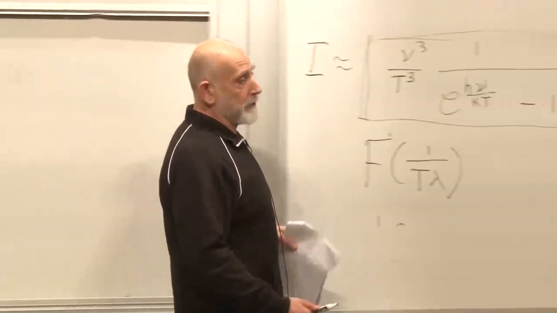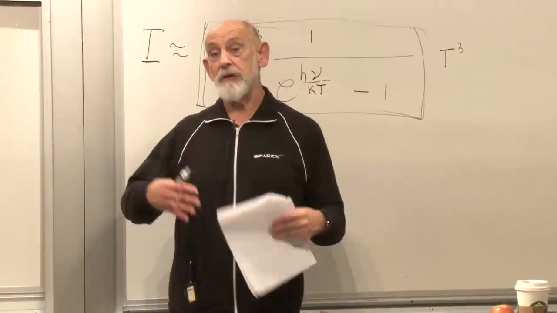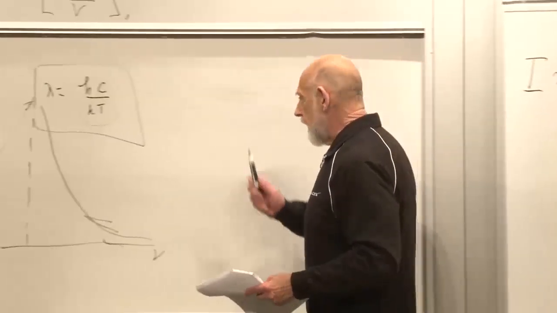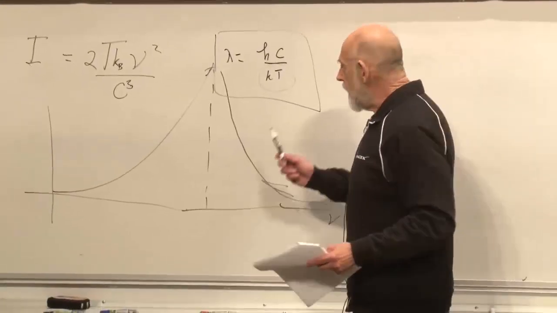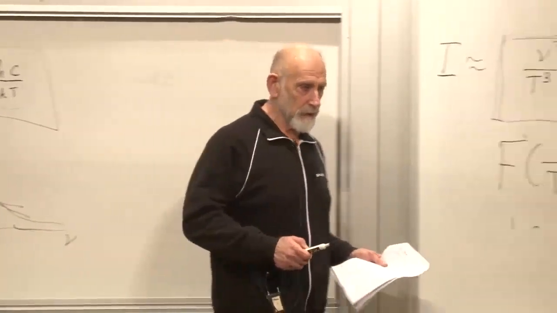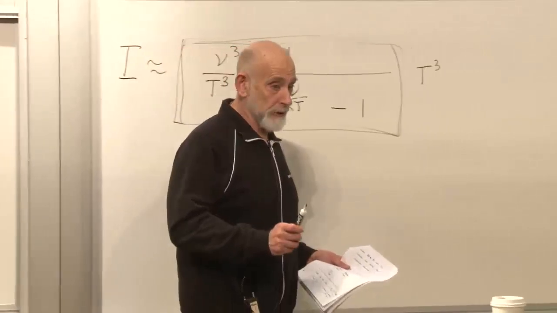So as the box expands, every wavelength gets doubled, let's say. It mimics the effect of just lowering the temperature by a factor of 2, but only for the radiation.